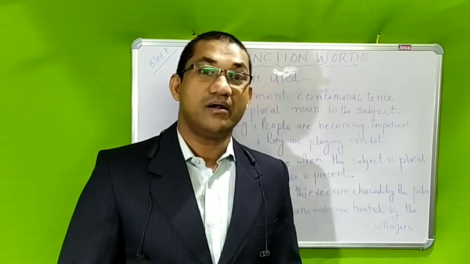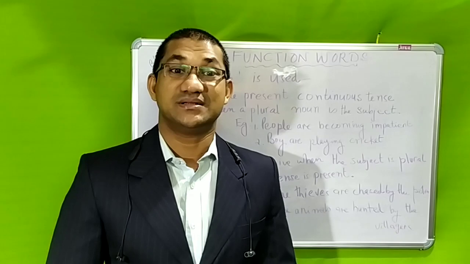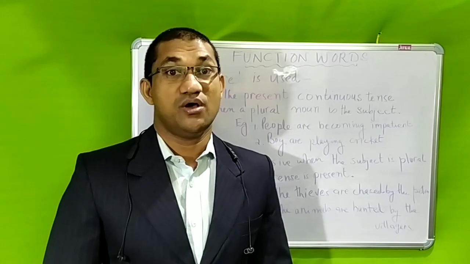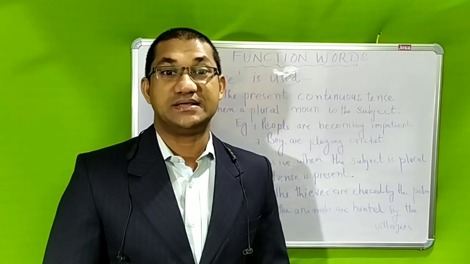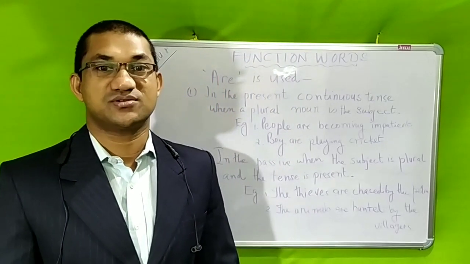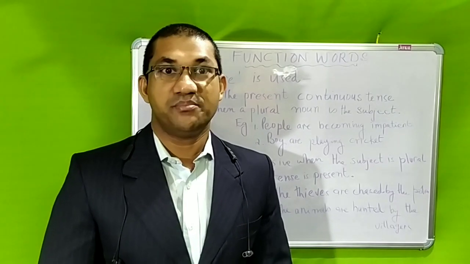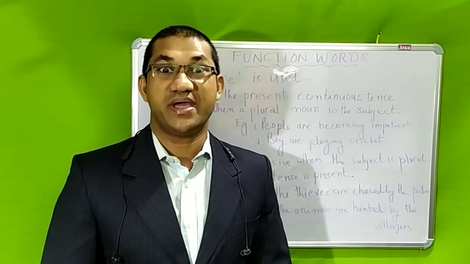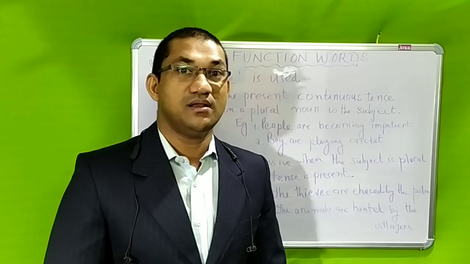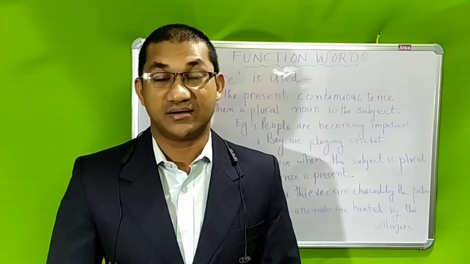And are, the auxiliary, is used in the present continuous tense when a plural noun is the subject. So we have sentences like boys are playing cricket, people are becoming impatient, wild animals are becoming a big threat.